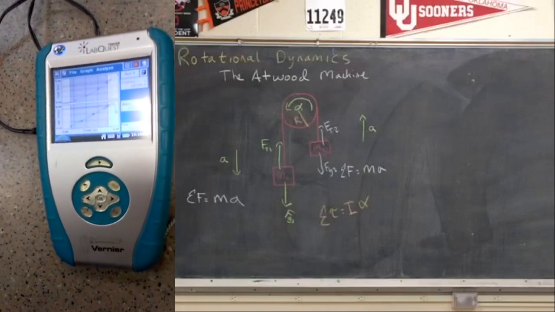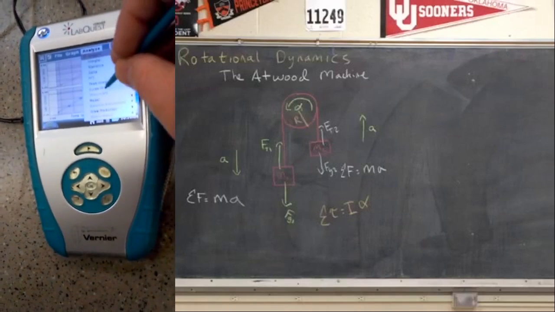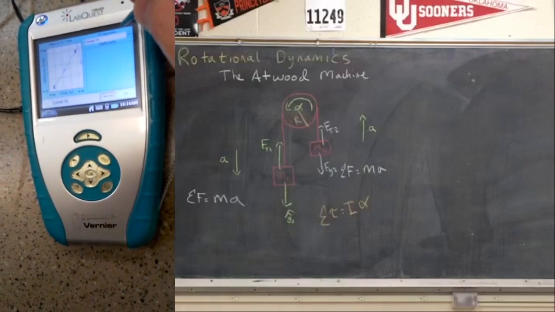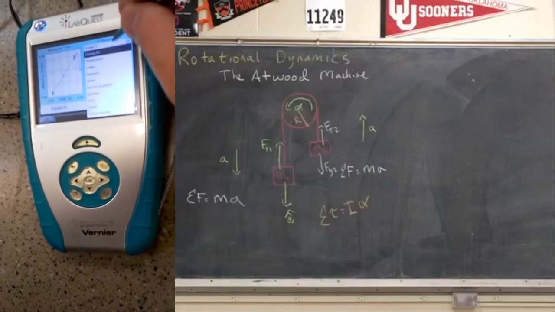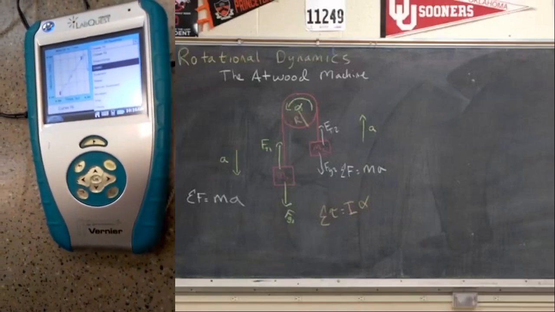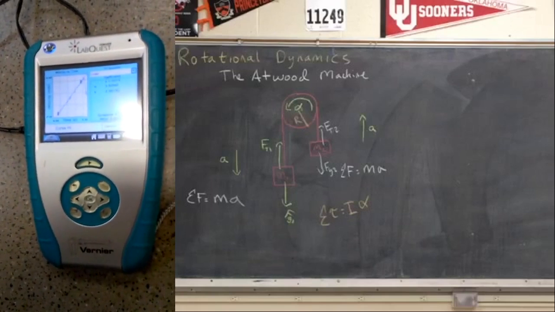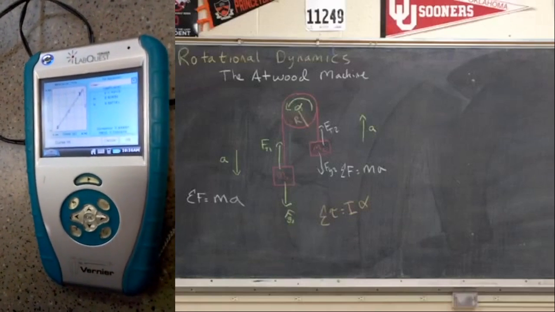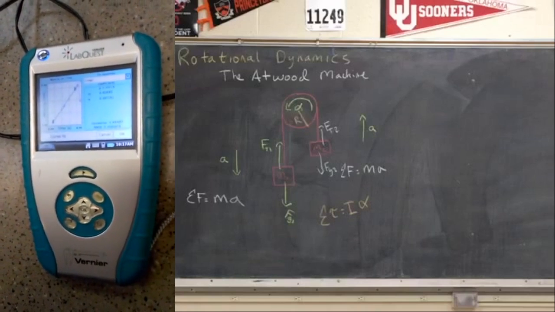And then we're going to go to Analyze, Curve Fit, Velocity, and we want linear. So there's our data. We have an acceleration of 0.827, and that's what we're going to use to plug into our calculations and hopefully get little g.